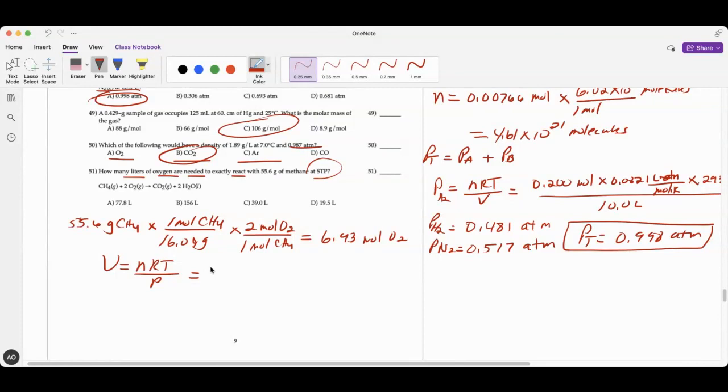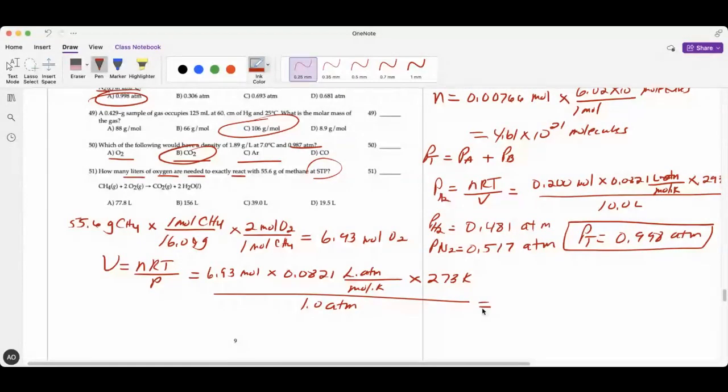N is 6.93 moles times R. See, this is how you get to know R. You just do these problems, all these problems. 0.0821 liters atmospheres per mole Kelvin times the temperature. Standard temperature and pressure, 273 Kelvin, divided by 1 atmosphere.